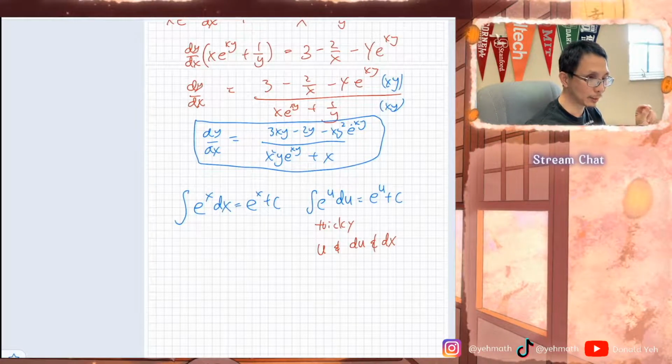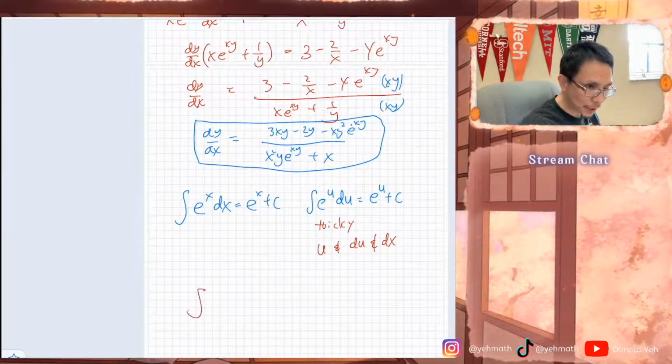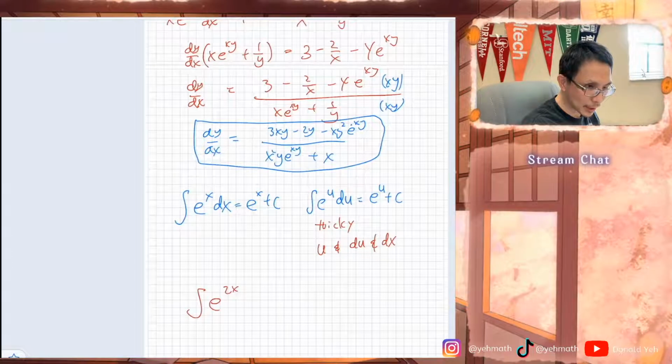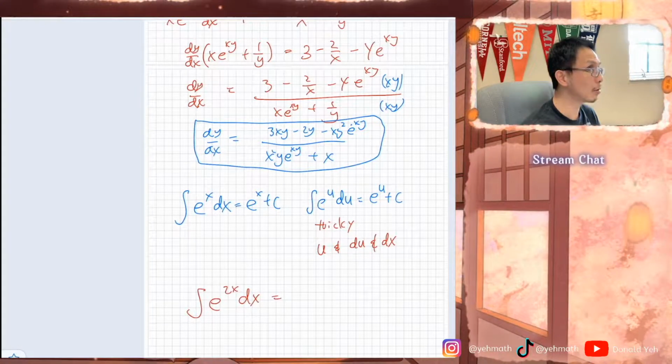What I mean by this is, imagine if I just take the integration of e to the 2x dx. Now, what do you think the answer is going to be without me teaching you?